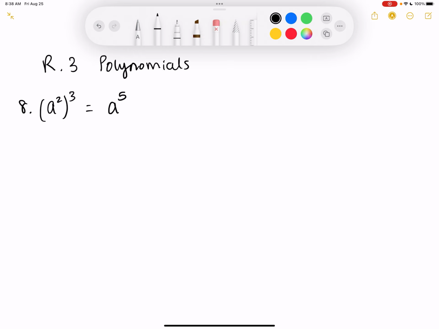Is that true or false? What is it supposed to be instead? Yep, a to the 6th.